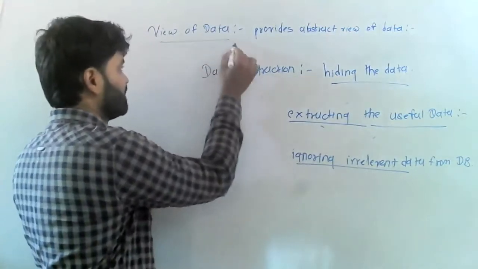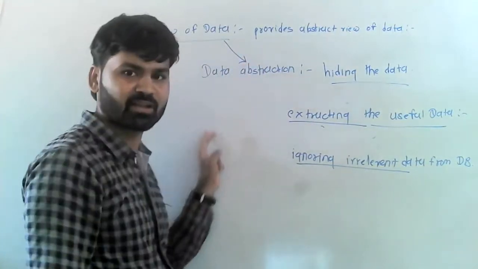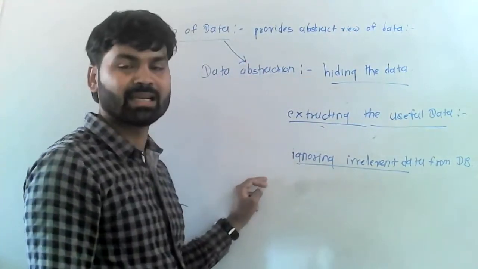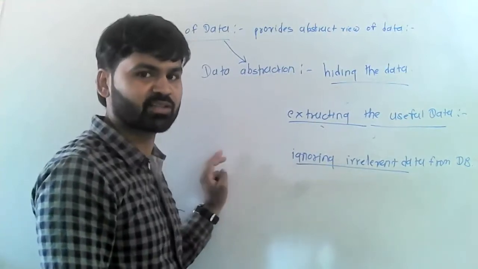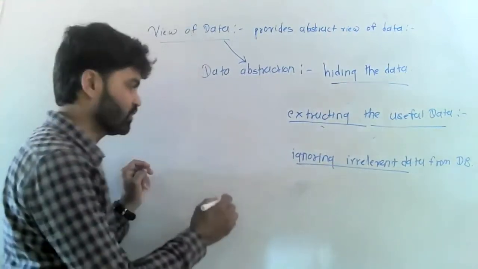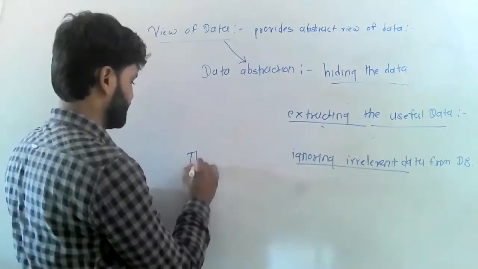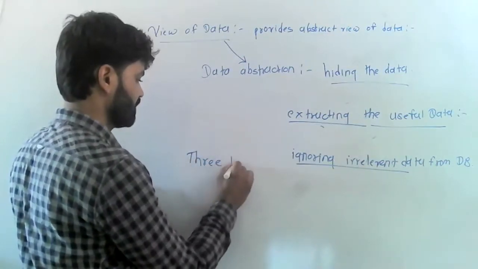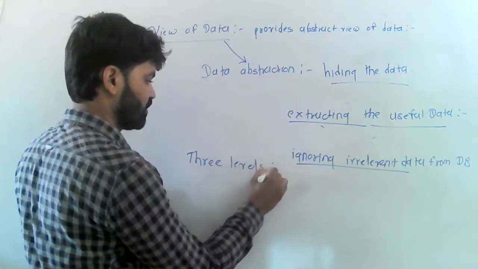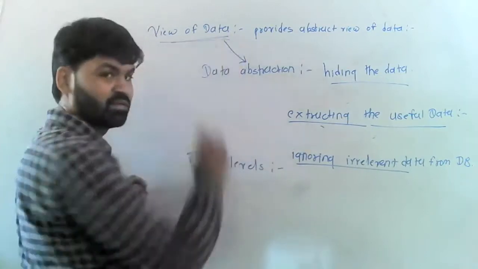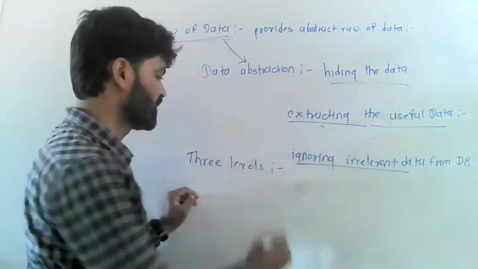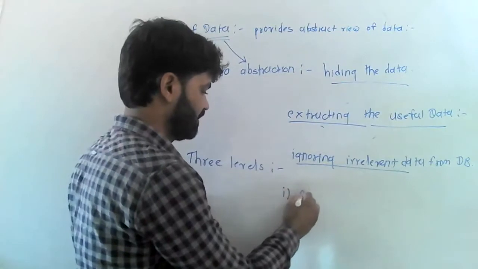Okay, view of the data. There are three levels of data abstraction, or three levels of the view of the data. Firstly, the physical level.